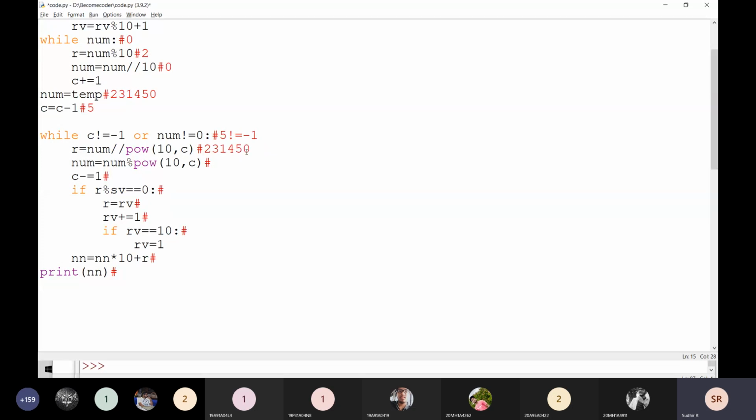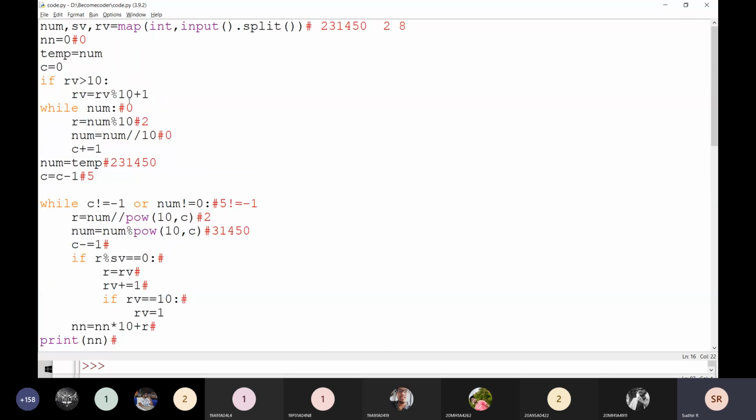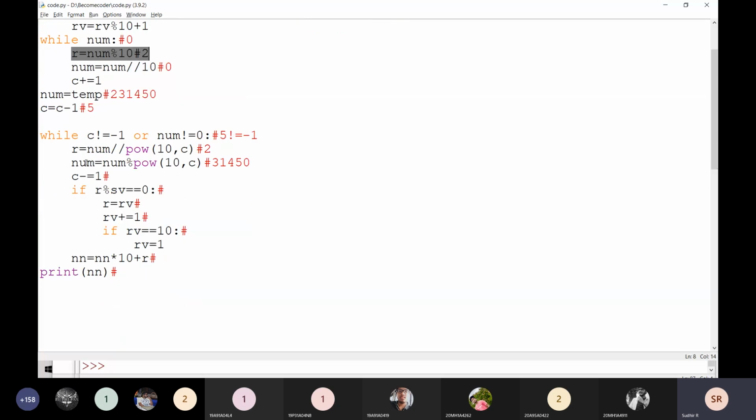Num value is going to be this one, divided by 10 power 5. Now it is going to give the first digit and the remaining values are going to be like this. Previously we were taking the last digit and remaining values, but this one is first digit and remaining values. Okay, clear? Yes, sir.